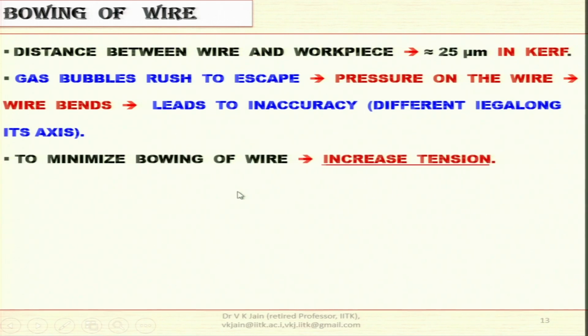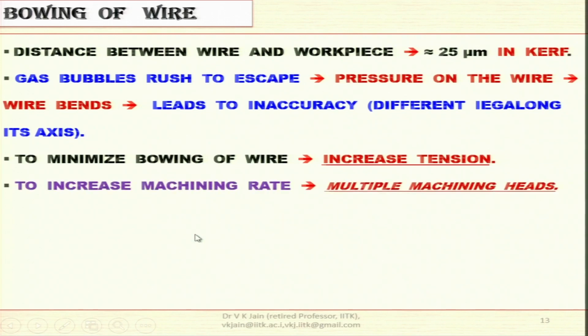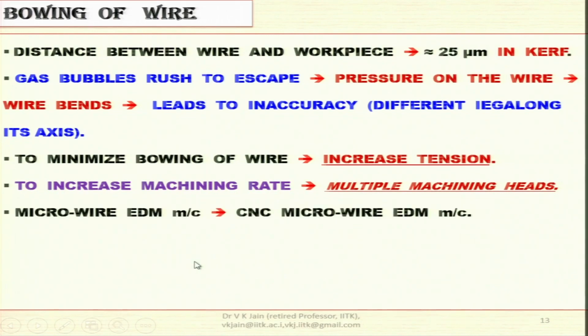To minimize bowing of wire, increase the tension on the pulleys. To increase machining rate, multiple machining heads can be used rather than a single machining head. Microwire EDM machine. CNC microwire EDM machine. You have the CNC, computer numerical control, of the wire EDM or microwire EDM machine.